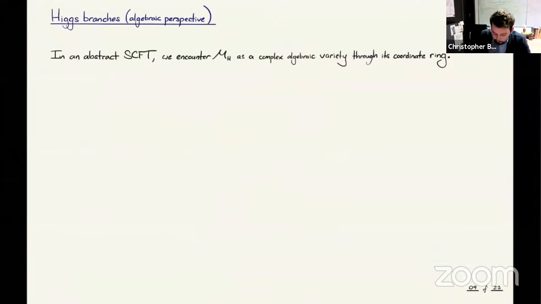So in this abstract setting, I advertised at the beginning of the talk that we encounter the Higgs branch as a complex algebraic variety defined by its coordinate ring. And the way that that works is the following.